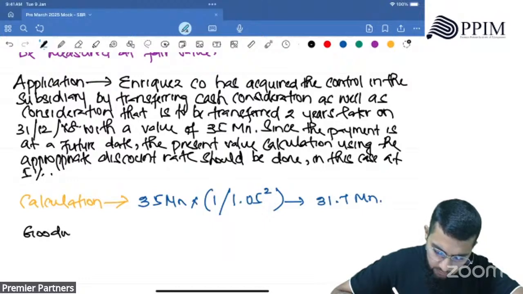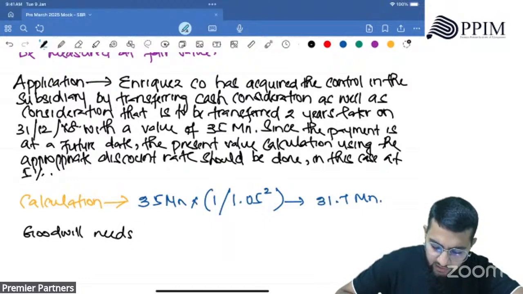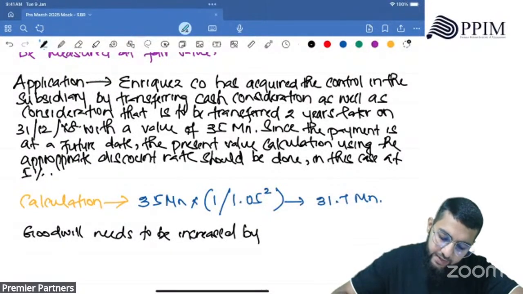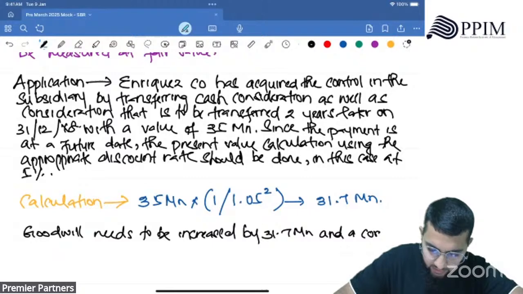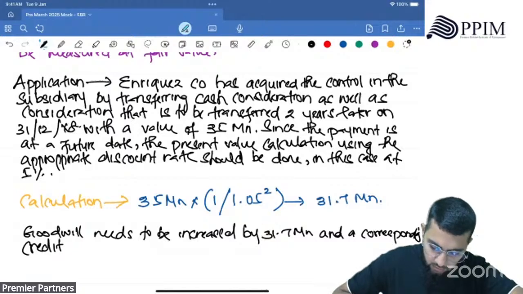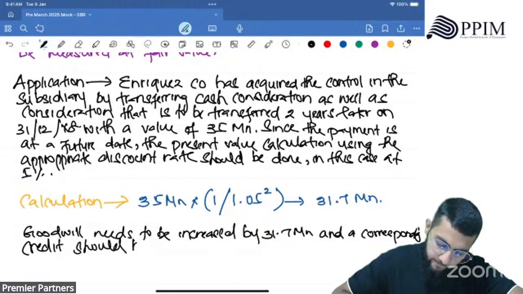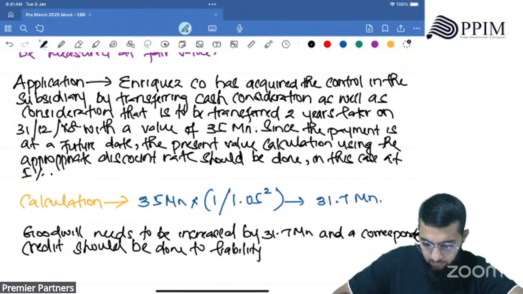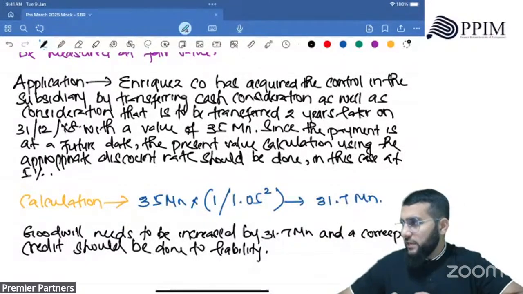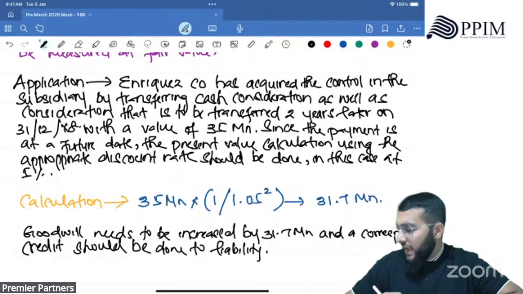Goodwill needs to be increased by 31.7 million and a corresponding credit should be done to the liability.